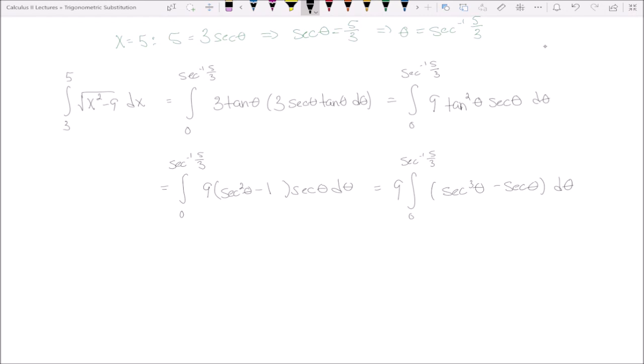We can use the secant reduction formula. So the antiderivative of secant cubed is going to be 1/2 tangent times secant plus 1/2 the antiderivative of secant theta.